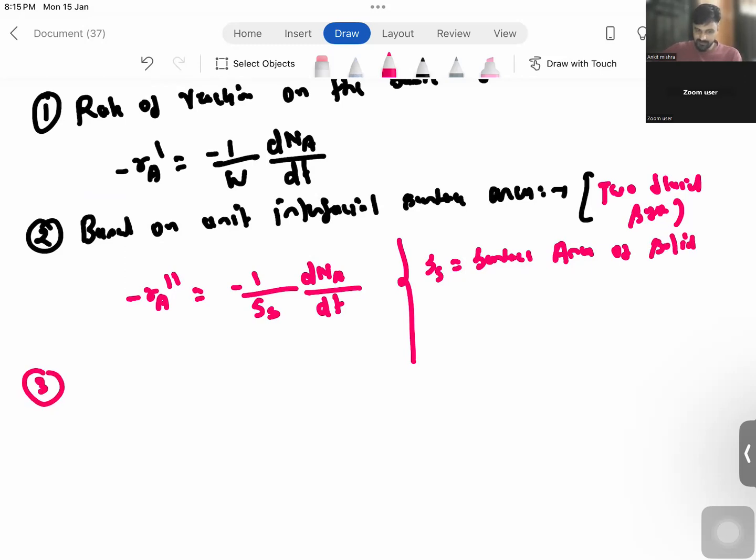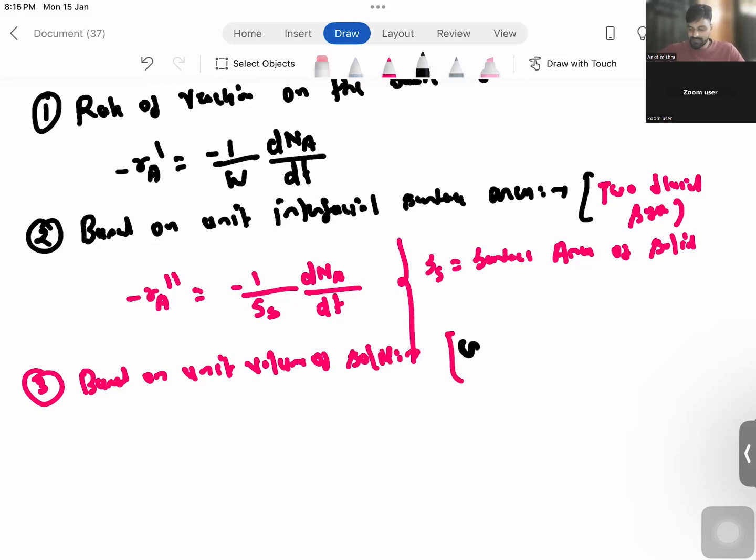And obviously the third one is that is based on unit volume of solid. So this kind of thing will happen mostly in gas solid catalytic reaction systems.